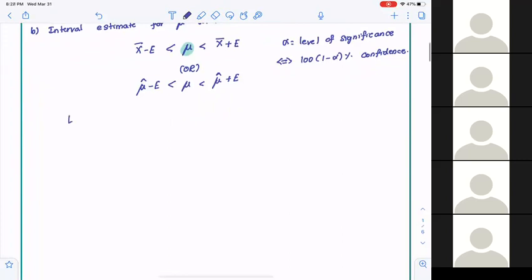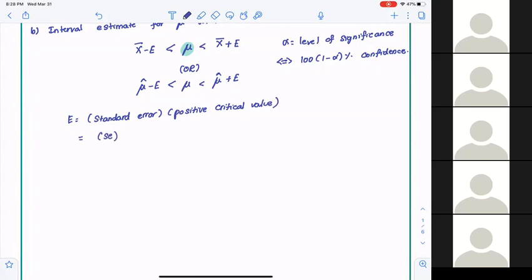So the margin of error is always the product of standard error and the positive critical value. I'll write it as SE for standard error.